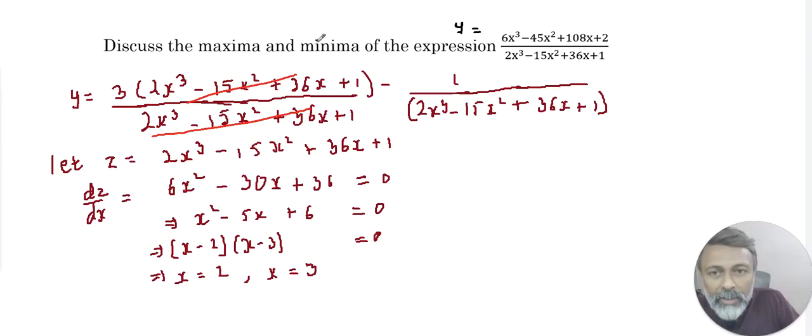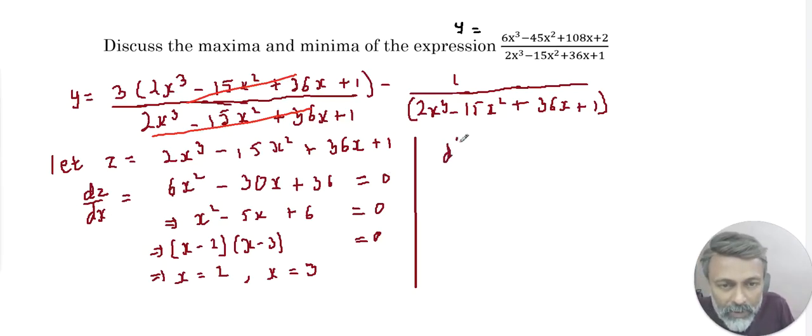Let us take the second derivative here. The second derivative of 6x square, we are taking the derivative from here. So d square z by dx square will be equal to 12x minus 30.